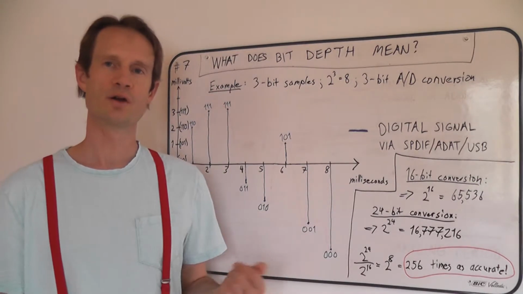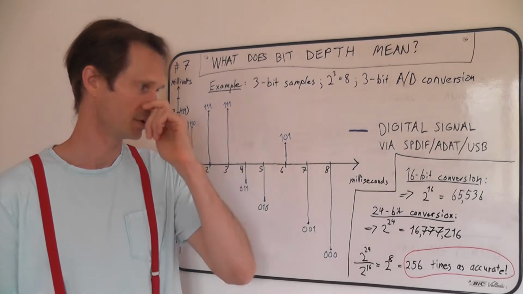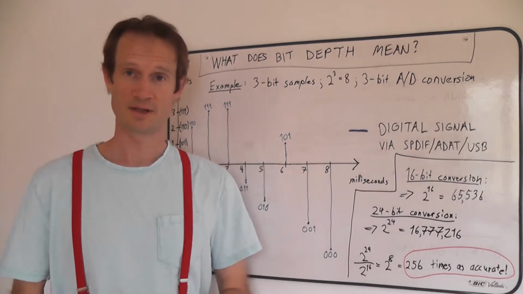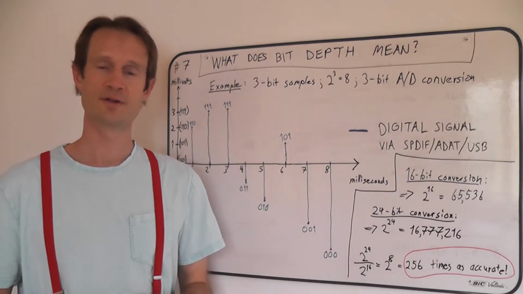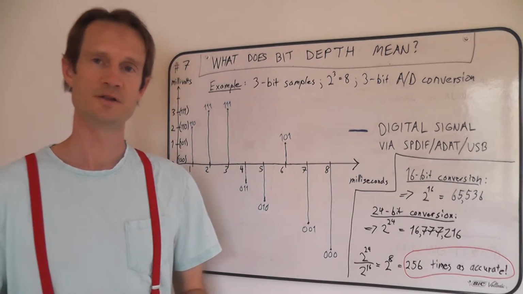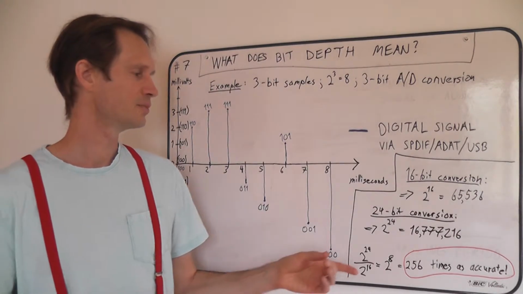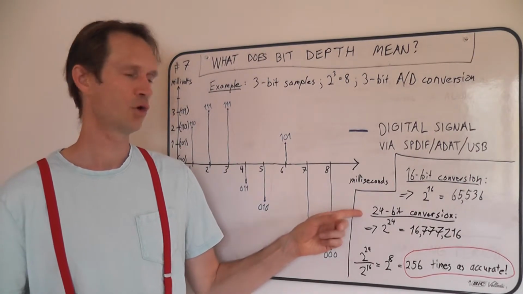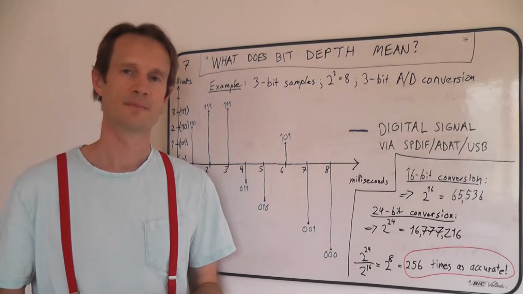So if you weren't aware of it, some systems still use 16-bit audio, and some systems use 24-bit audio, and some engines these days use even 32-bit audio. How much more accurate is 24-bit audio than 16-bit audio?